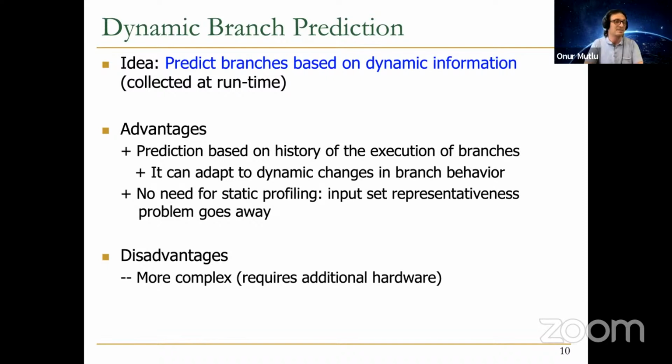But today's branch predictors are quite sophisticated, so they can make predictions in multiple cycles, and we're going to talk about that as well. Ideally, you would like to make the prediction in one cycle, so that you can predict the next fetch PC at the end of the cycle and fetch the next instruction using the next fetch PC.